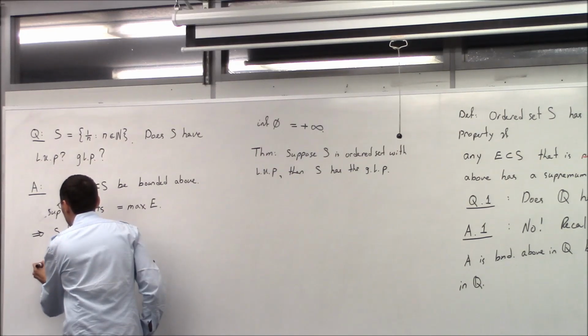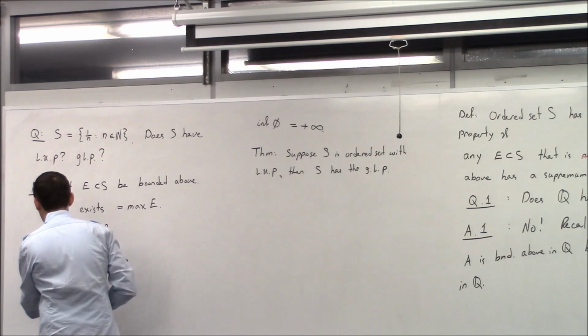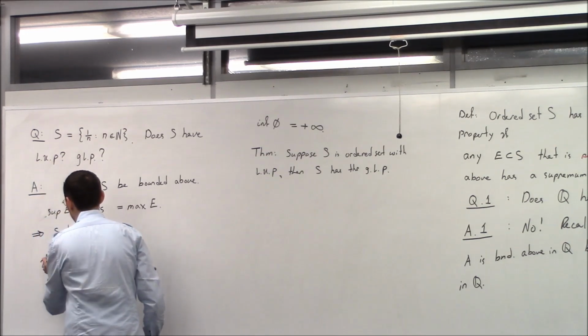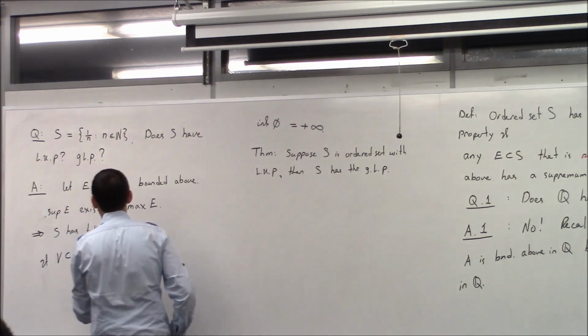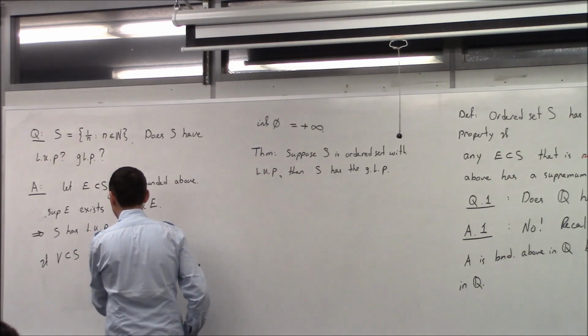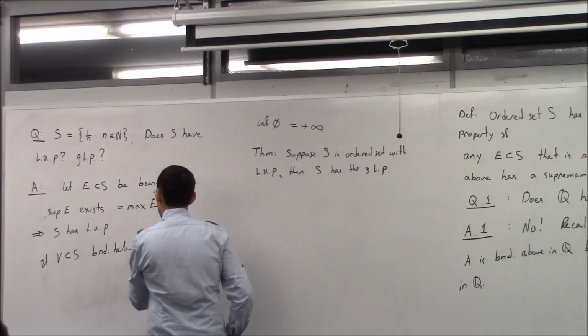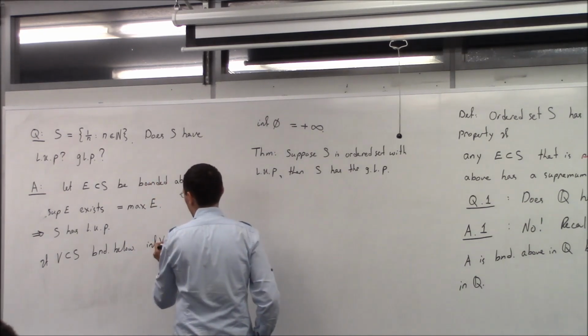So, in the supremum case, let's take another set, so let's not confuse it with this E. If V is a subset of S bounded below, the infimum of V will also be the minimum of V.